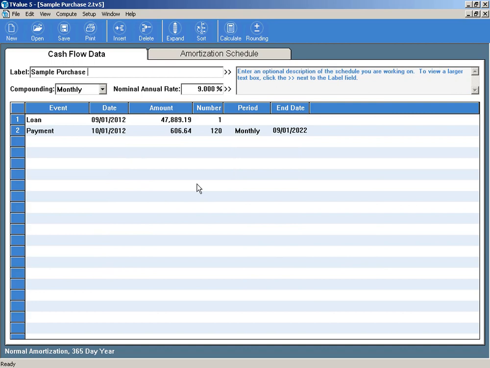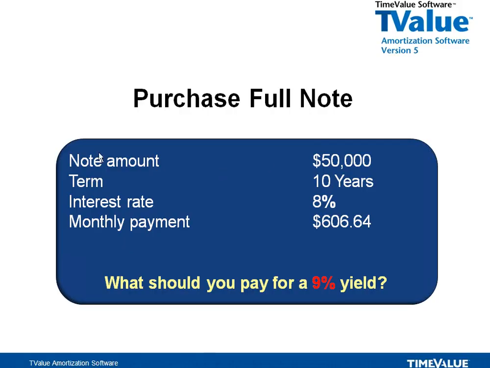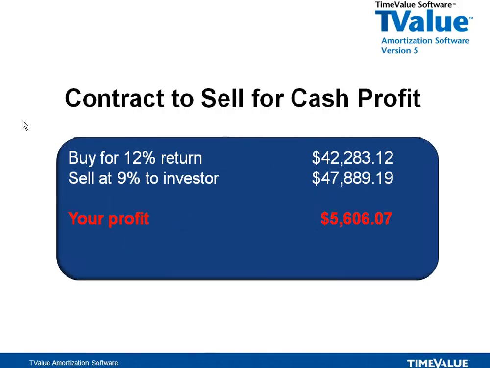Now, you could invest in either one of these notes and get that return, or, as I take it back to our slides in the presentation here, I can contract to sell for cash. So let's say I buy this note and have an agreement with the seller, and I would get my 12% return.